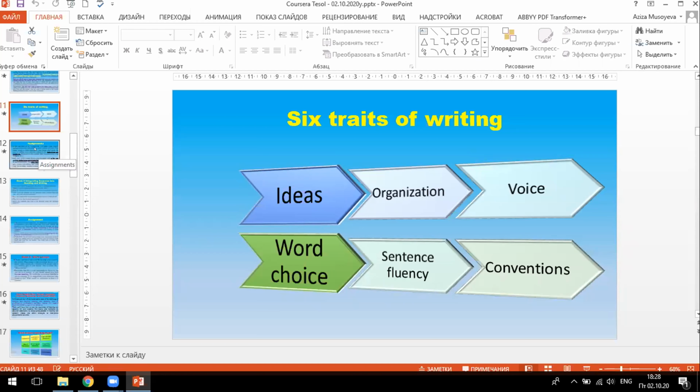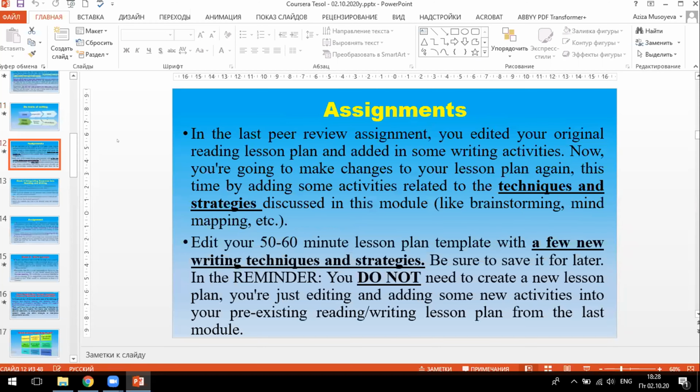And then again, we have the assignment for week 4. In week 4, they ask you to add some techniques and strategies discussed in this module, like brainstorming and mind mapping. So what is brainstorming, dear participants? Brainstorming in writing, what is it?